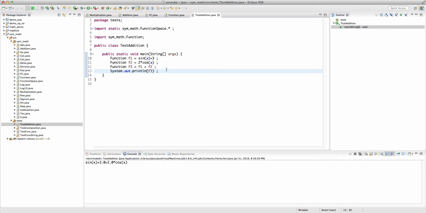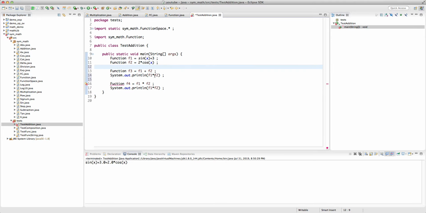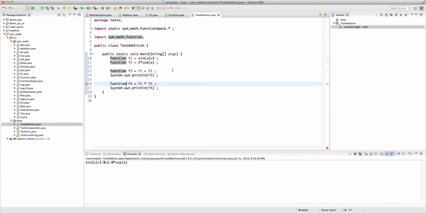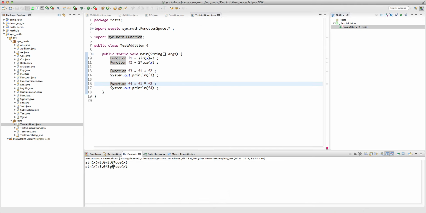Let's make something more complicated. f1 times f2, for example, we can call this function f4, f1 times f2. So summation and multiplication both have been implemented, so we should have no problem having the string representation of our functions. Yes, 3 times 2.